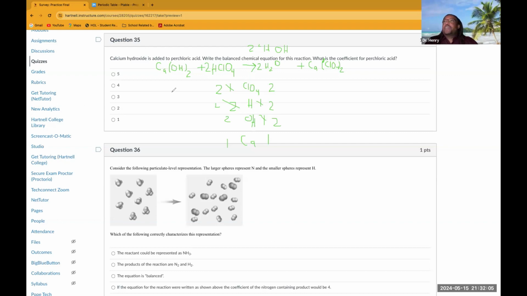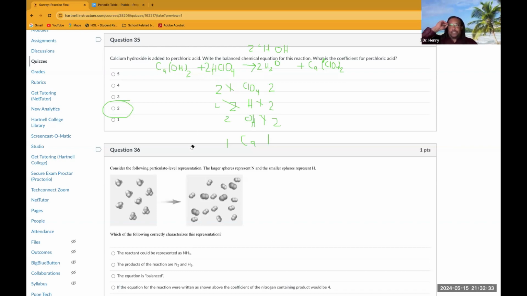Okay. So then that means our coefficient in front of the perchloric acid is what? Right here, 2. So we have a coefficient of 2 in front of it.